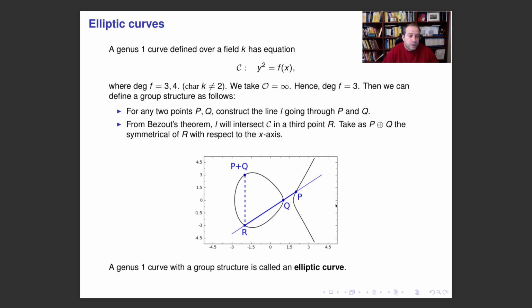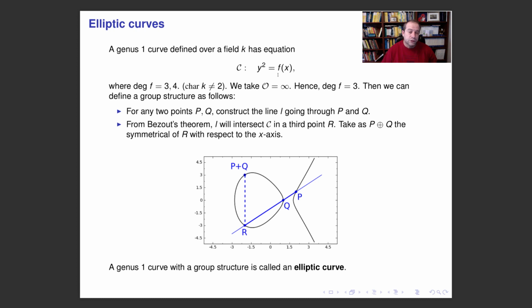So what happens for elliptic curves? Well, this is part of the math folklore. I mean, we all know this. Every elliptic curve can be written, as long as the characteristic of the field is not equal to 2, in its Weierstrass form this way, where this f of x is degree 3 or 4. Let's just take the easiest case.